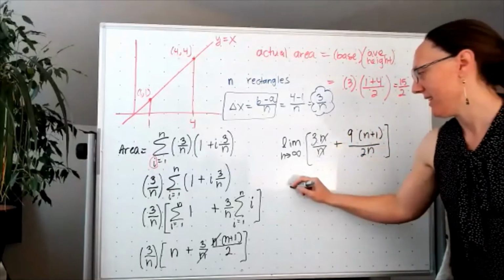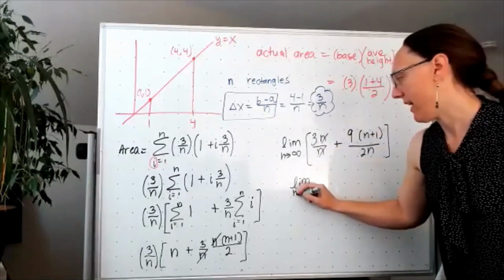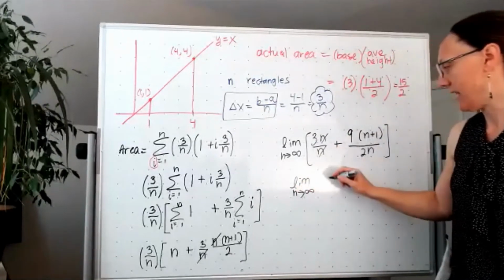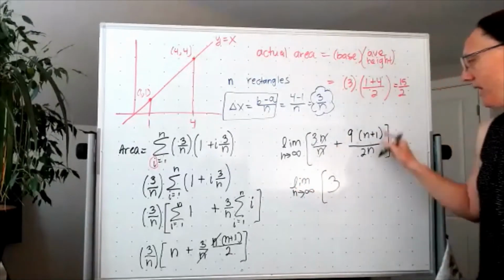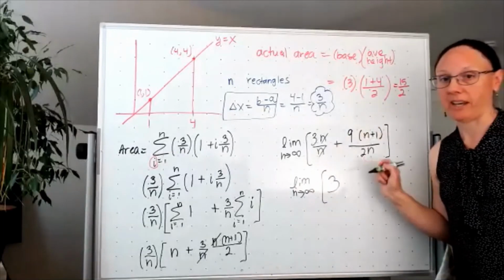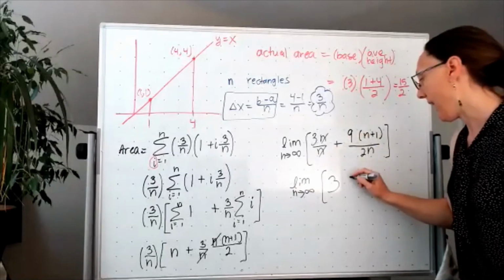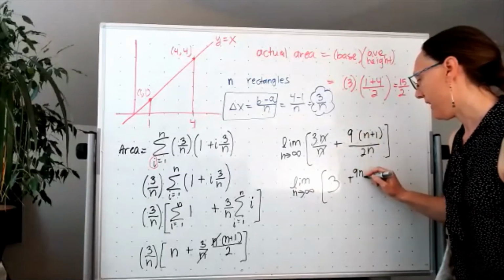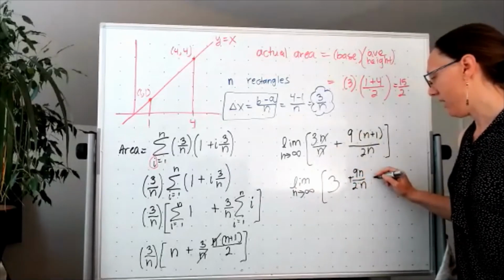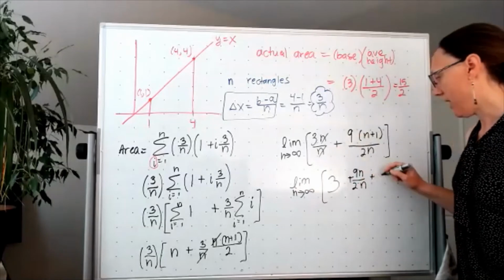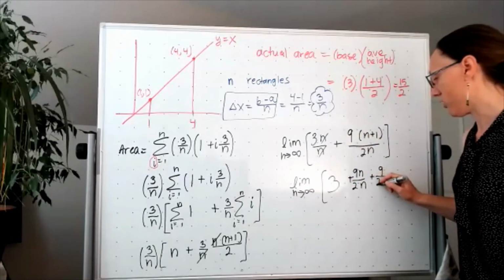I don't know how much fun y'all had with limits last quarter in 17A, but I'm going to do a little quick algebra thing and split this up into 2 separate fractions so that I have 9n over 2n plus 9 over 2n.